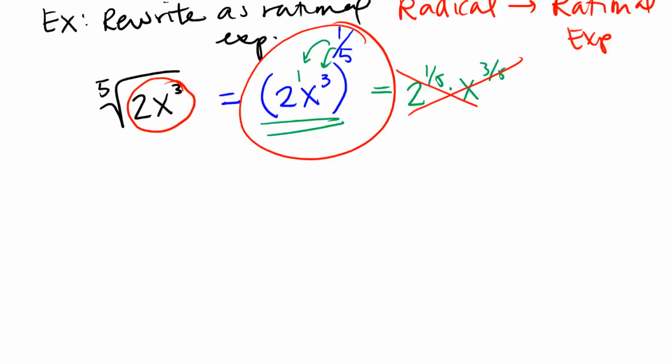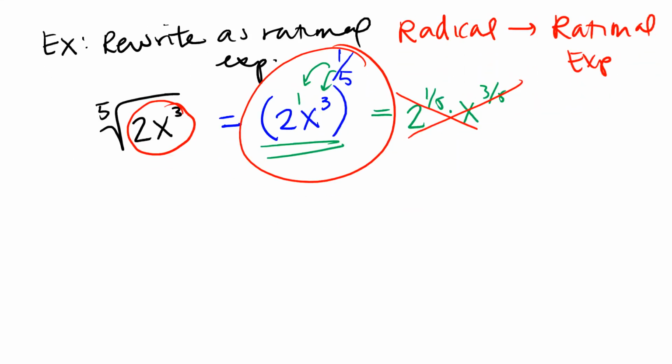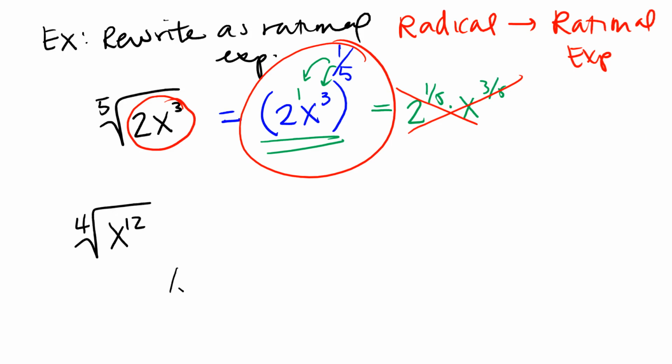If you remember back when we first saw simplifying, let's take, say, the 4th root of x to the 12th power. When we did this at the beginning, we had to write out all these silly x's, and there's 12 of them, and I'm bored already, and then we'd circle up, since we have an index of 4, groups of 4 of them, count up how many of those groups there were, and some people would forget that we only bring the number of groups out, right?